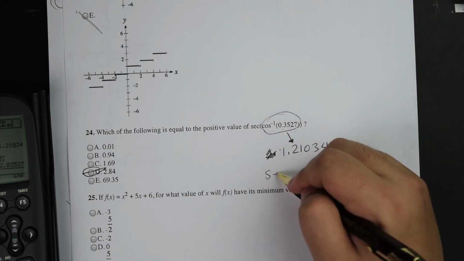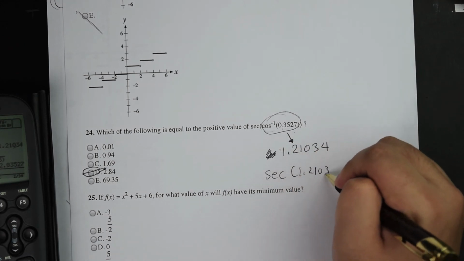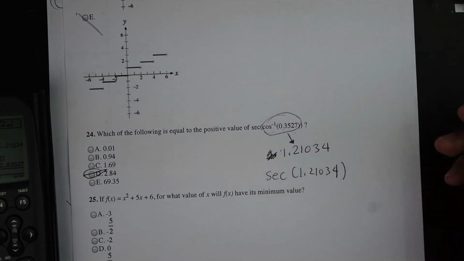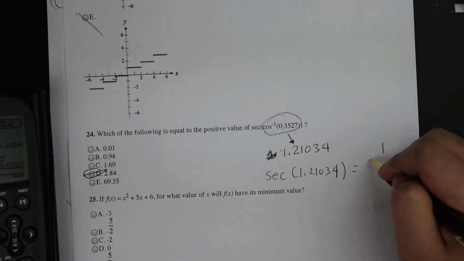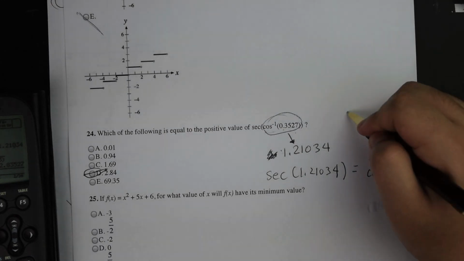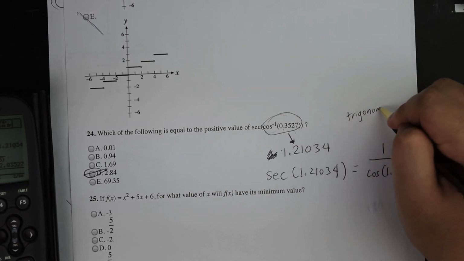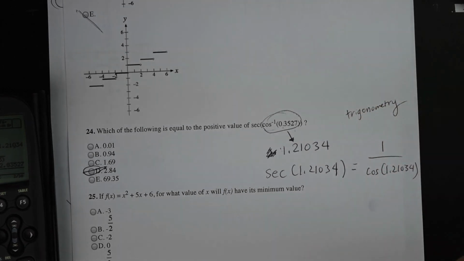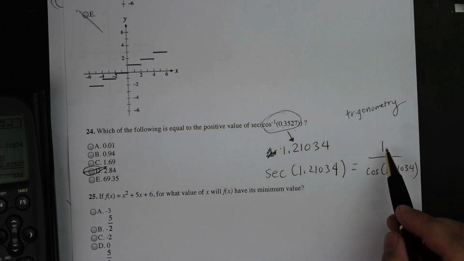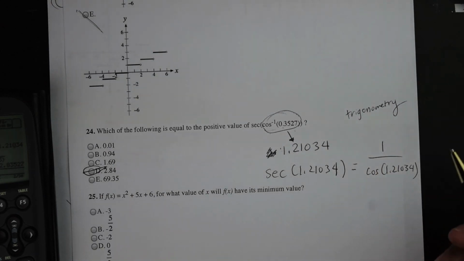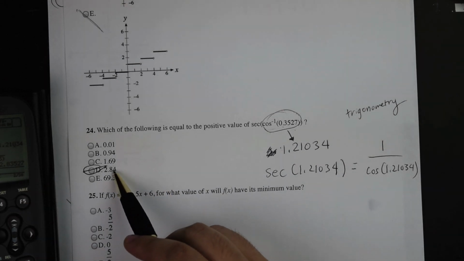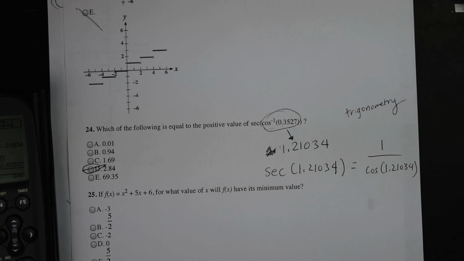Afterwards, I took secant of 1.21034, and if you don't have that function on your calculator, like I didn't want to look for it, I actually punched in 1 over cosine 1.21034, which is just a very simple trigonometry identity where cosine equals 1 over secant, or secant equals 1 over cosine. And thus I punched in 1 over cosine 1.21034, and ended up with 2.835, which is rounded off in the answer to D, which is 2.84.